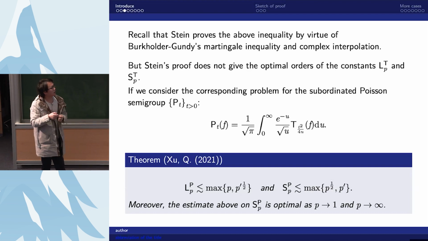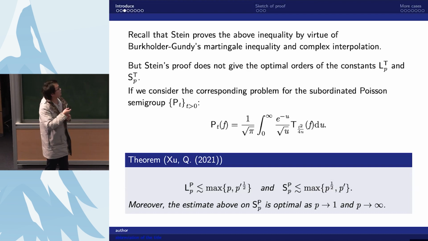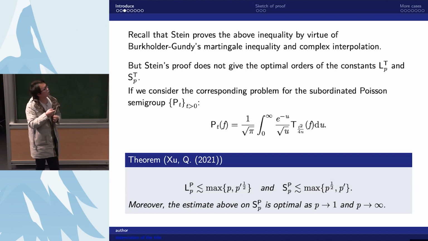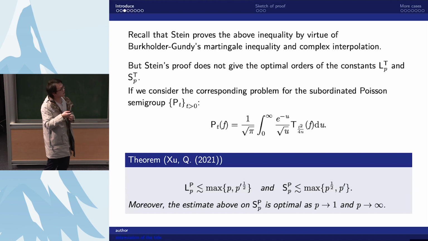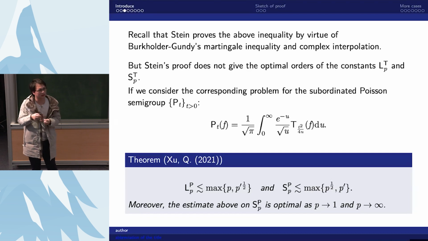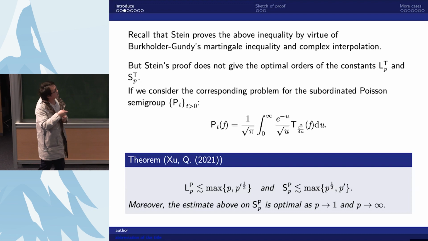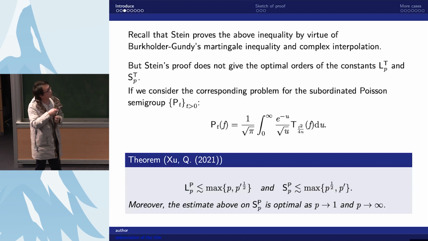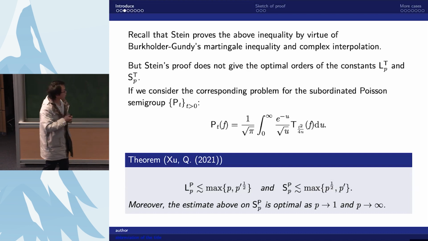In 2021, she developed the proof of Stein's theory on the Littlewood-Paley-Stein inequality. I used the holomorphic calculus to get some of the optimal orders of the constants in the Littlewood-Paley-Stein inequality.